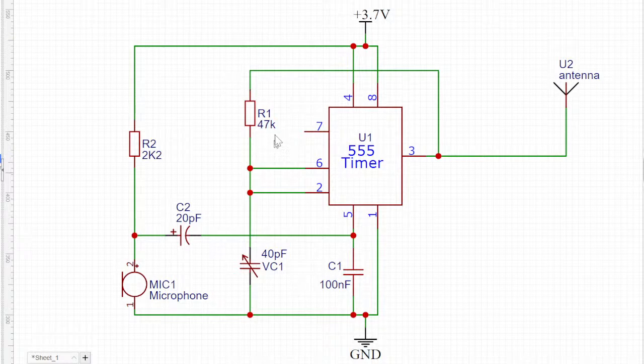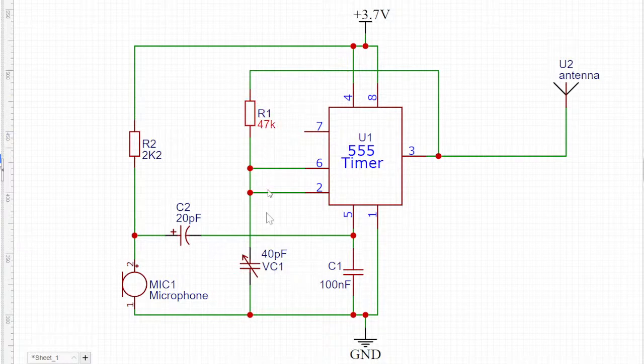If they are both fixed values, then the output will be a fixed value. But when they are both variable, then you might be changing one and the other, or you choose one to be fixed and the other to be variable. In our case, we choose the resistor to be fixed and the capacitor to be variable, but there's nothing that stops you from making both variable, or making your capacitor fixed and your resistor variable, whichever works for you.